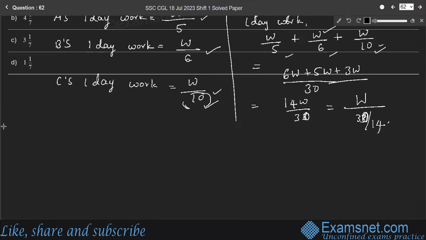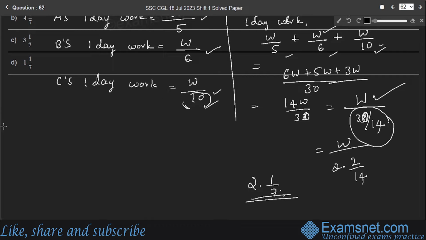That means they take 30 by 14 number of days to complete W amount of work. Express 30 by 14 in terms of mixed fractions. We get 14 into 2, 28, and the remainder is 2 by 14, or 2 integer 1 by 7.